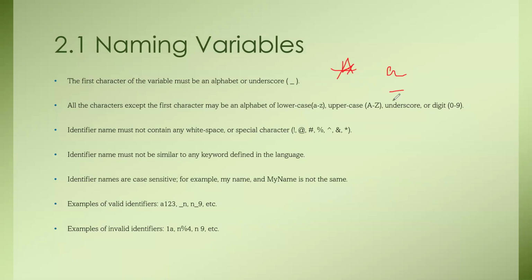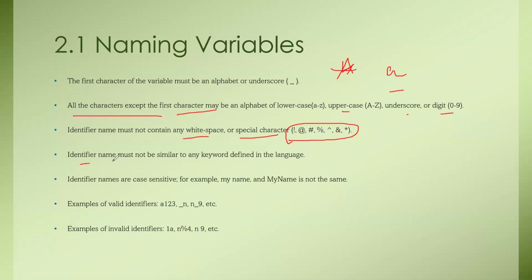You can start the variable name with an underscore, it's possible. All characters except the first may be lowercase or uppercase alphabets, underscores, or digits. The identifier must not contain any white spaces or special characters. These special characters are not allowed in the variable name, and it should not have any space either.